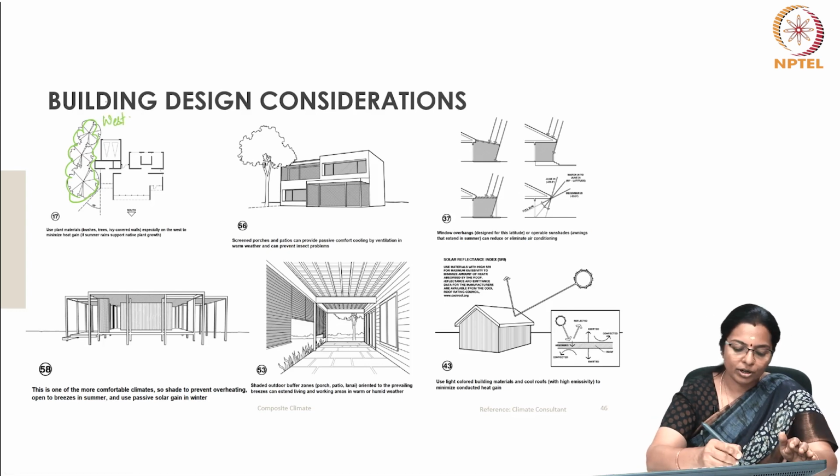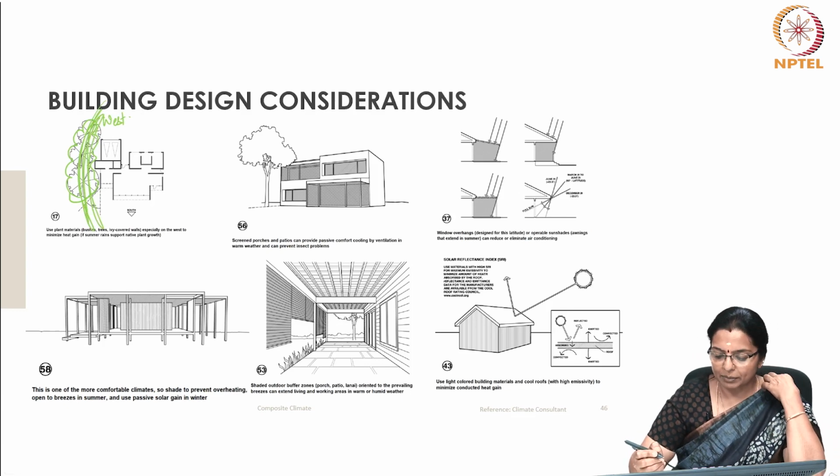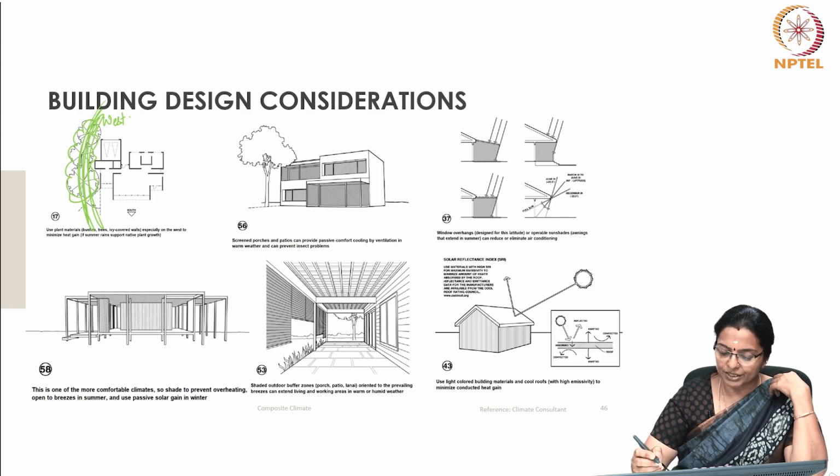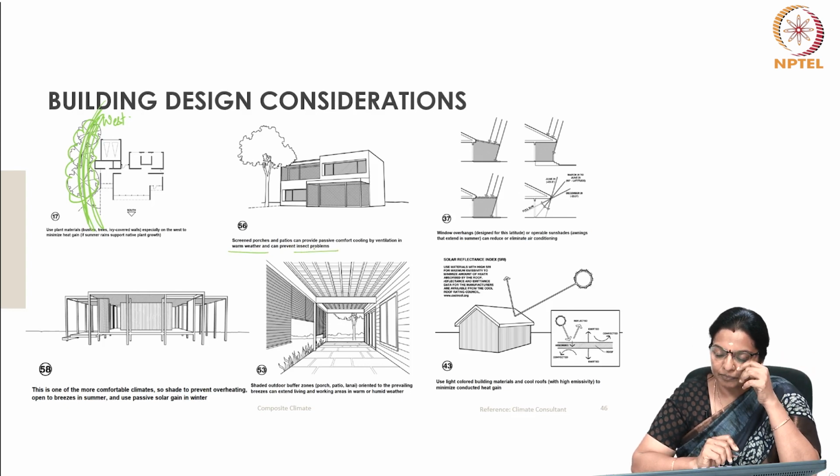So, it's important to buffer the west completely. Screened porches and patios can provide passive comfort cooling by ventilation in warm weather, and this can also prevent insect problems. Mosquitoes and flies are a major problem in this climate type.